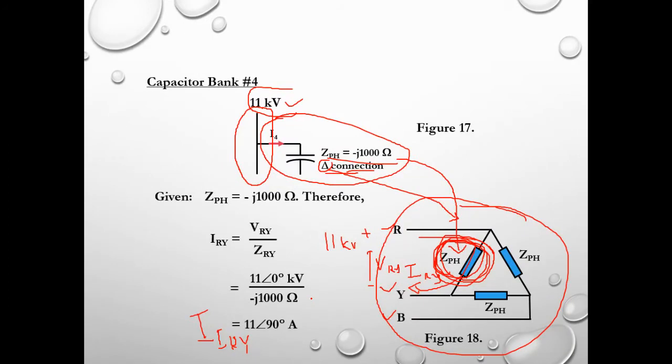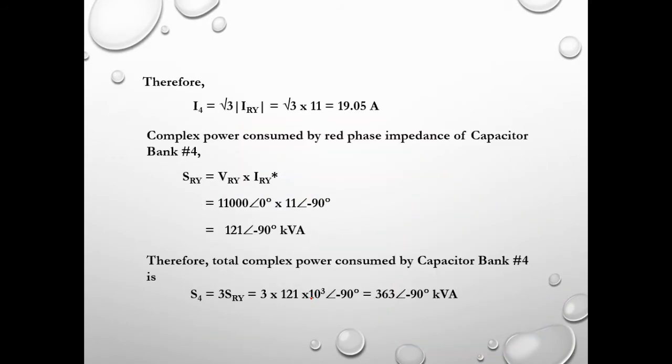Then I4, this is actually the line current. Remember, for delta connection, the line current is equal to square root 3 times I phase.